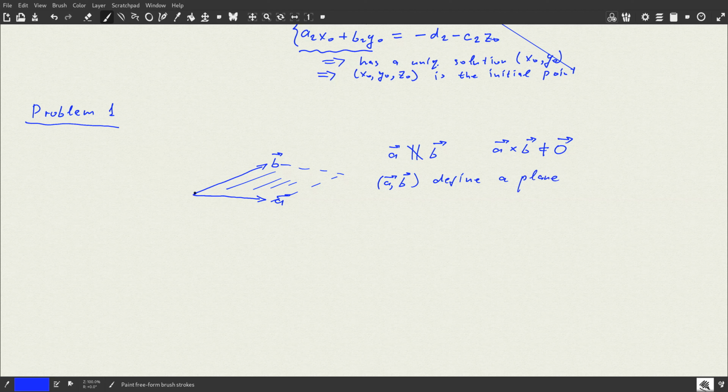And there is another vector, C, which in general does not belong to this plane. What we want to do is to decompose our vector C into its projection onto plane AB.